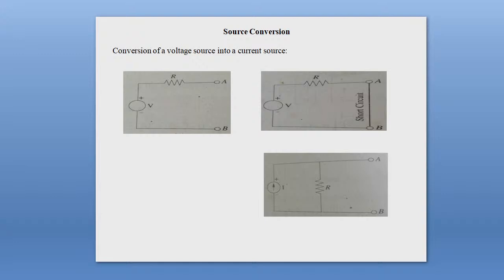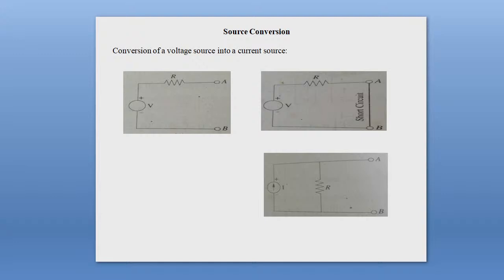Then you calculate the current through the short path and you design the current source which will provide the same current that is flowing through the short path, and connect the same resistance of R value in parallel with the current source. Similarly, you can convert the current source into a voltage source by calculating the voltage across the open terminal AB, which is nothing but the voltage drop across the resistance R.